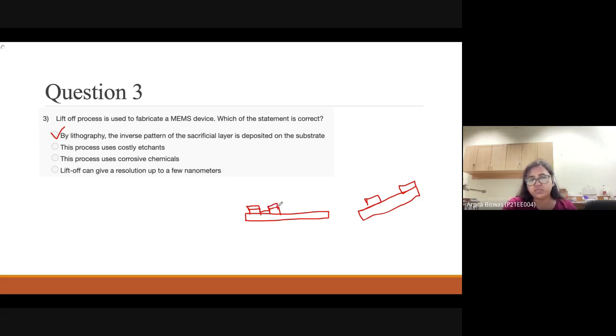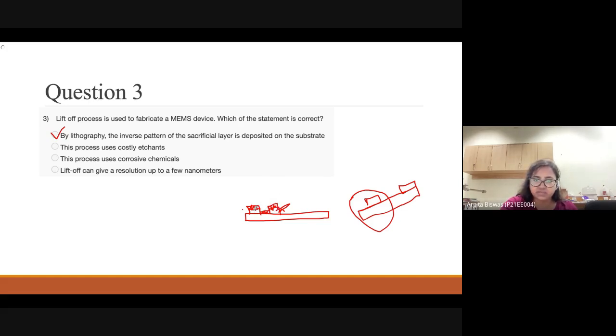So in the lift-off process, what will we do? This is the gold, and this is the gold. If we remove this sacrificial layer, sorry, actually this is the opposite of this. So if you want only this type of structure, this portion, what happens if we remove this sacrificial layer, like if there is an oxide present, if we etch with the BOE solution, buffered oxide?